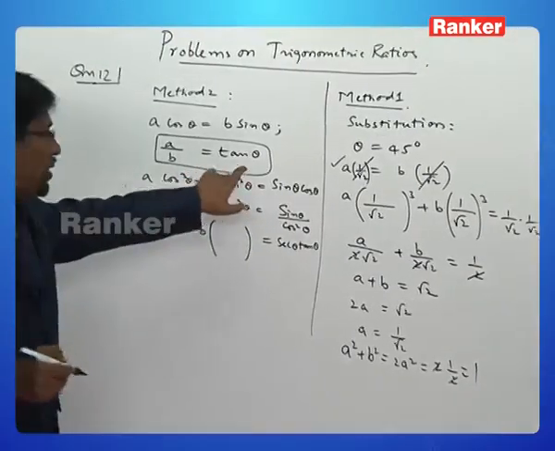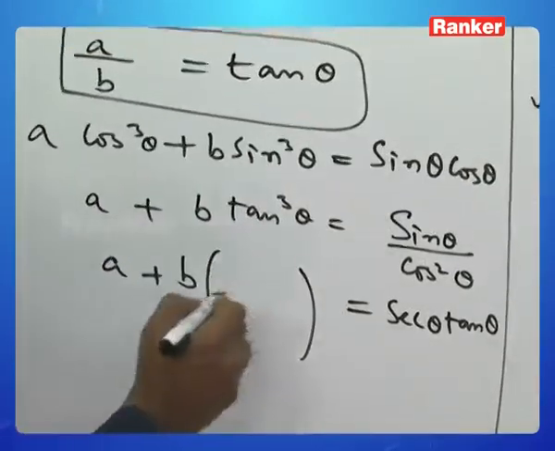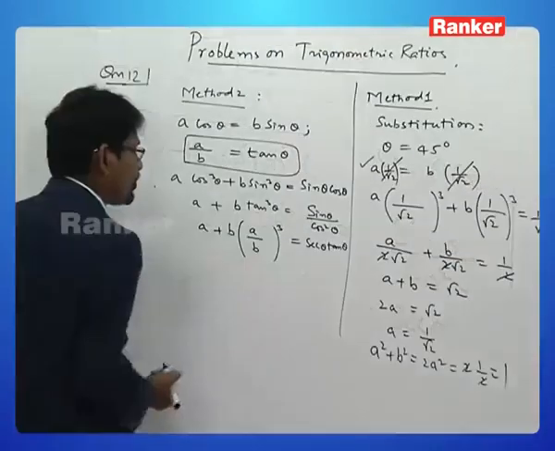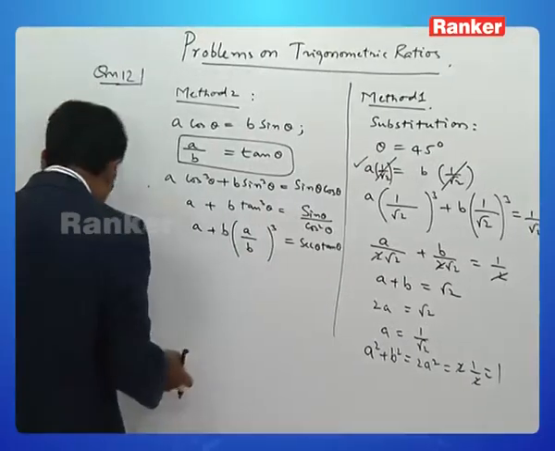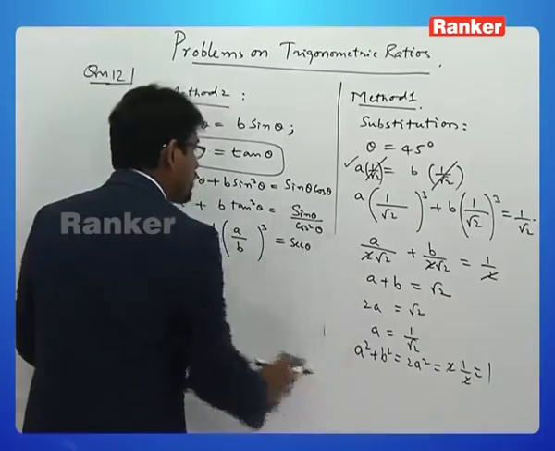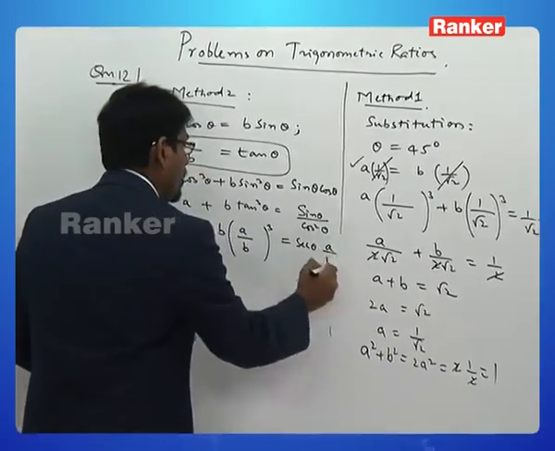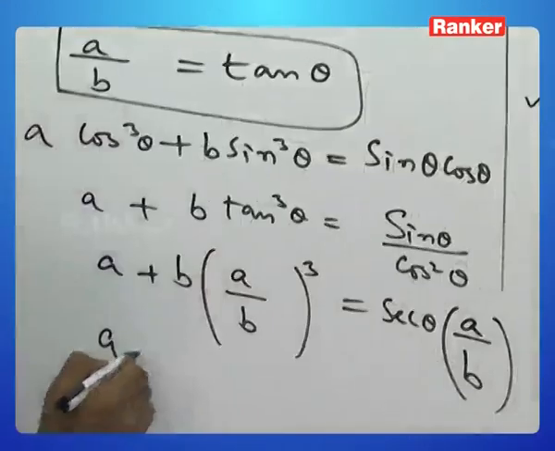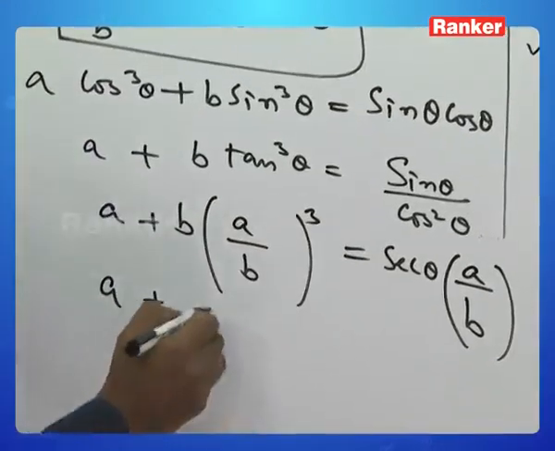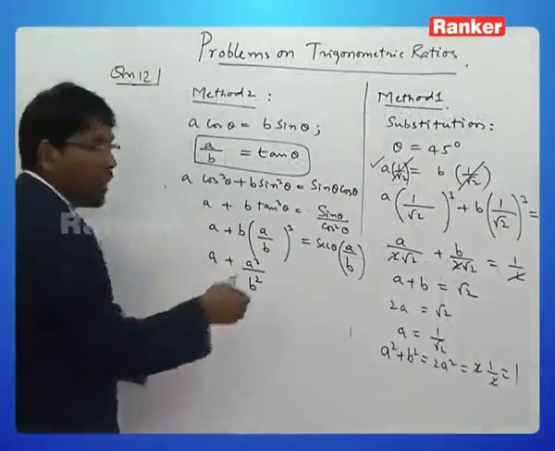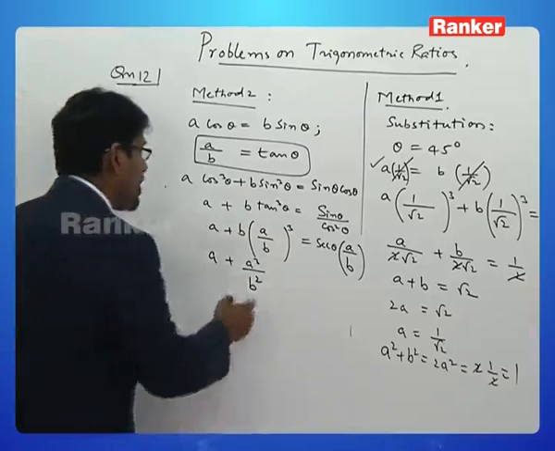Now, but what is tan theta? Let's substitute that value, A by B whole cube. And this tan theta also we can write in the form of A by B. Now we find that this is equal to A cube by B square, because this one B can be cancelled and you will be left with a B square here.